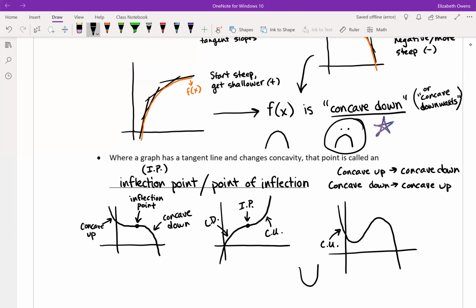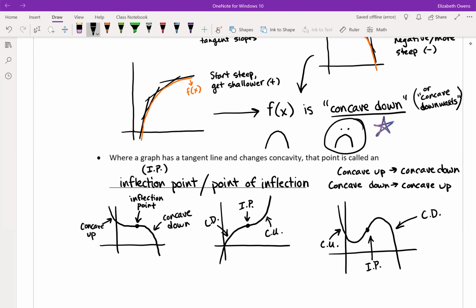Okay, we can kind of see that happy face, smiley type of shape. The second derivative is positive over there. And then over here, the function has switched to being concave down. We see that upside down, frowny type of shape. The second derivative would be negative over there. And so on a picture like this, sometimes you can't tell the exact spot where it changes, but you can get a pretty close idea. I'd say right about here, that looks like where our inflection point is going to be.